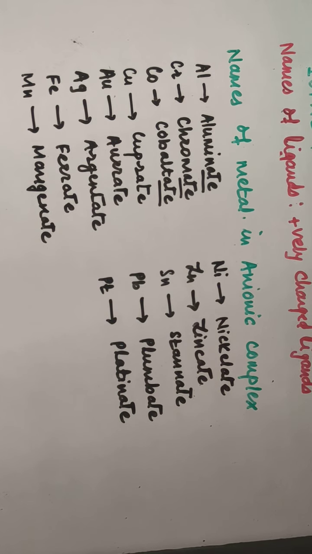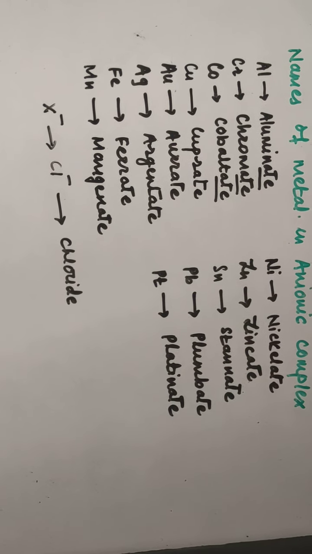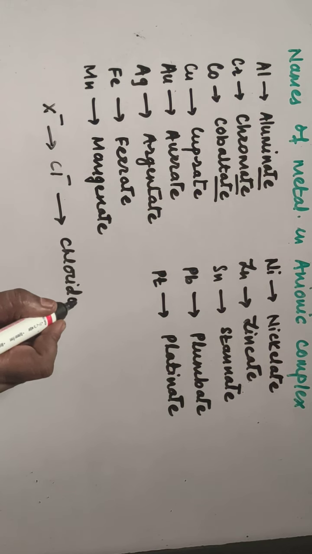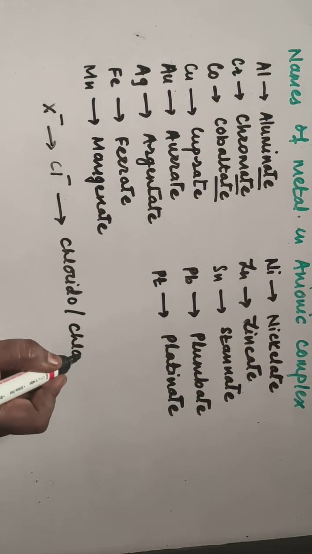In negatively charged ligands, some ligands are left, that is, I think X minus is not taken, so X minus is your halide. Negatively charged ion X minus, the halides are there. So while writing the name of this, suppose Cl minus is there, then the name of this is chloride. But in coordination compounds, in nomenclature, this IDE gets changed to IDO, and so it is chlorido, or you can write chloro also.